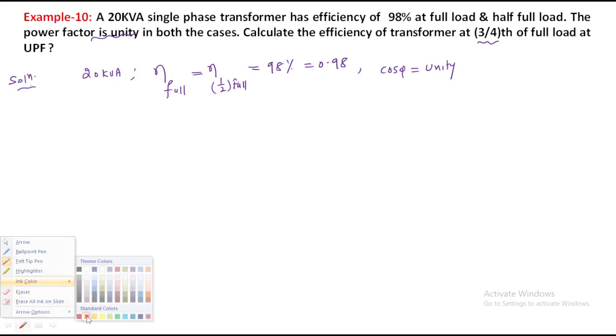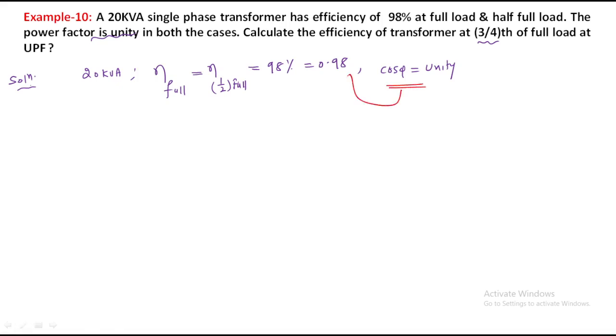When the power factor is unity, this is the condition to get maximum efficiency, right? When we have unity power factor, obviously the efficiency is maximum. So from this we can get the different values. Calculate the efficiency of the transformer at 3/4 of full load.